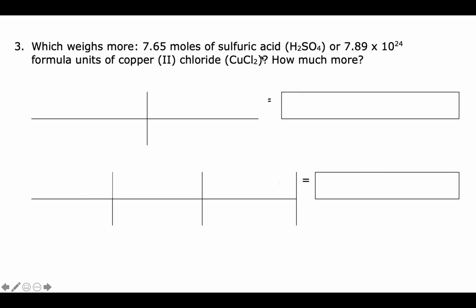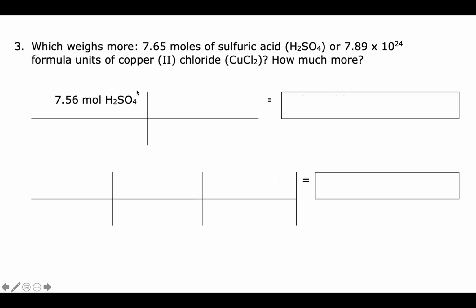Alright, so we will do the first one first. We have 7.65 moles of sulfuric acid. We write that there. We want to make sure that we write the full number along with the units and the substance as we put it on our dimensional analysis bridge. Now, we want to get to mass, so we need a molar mass conversion here.